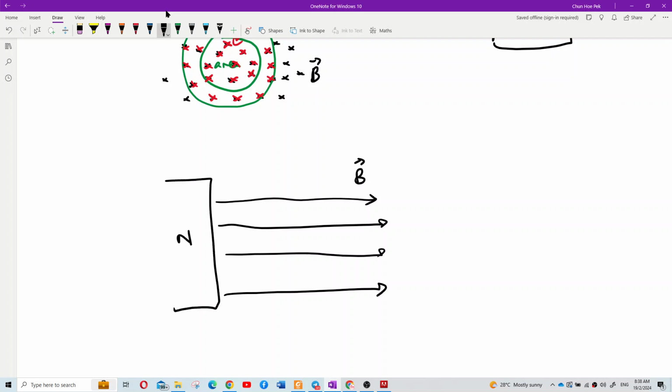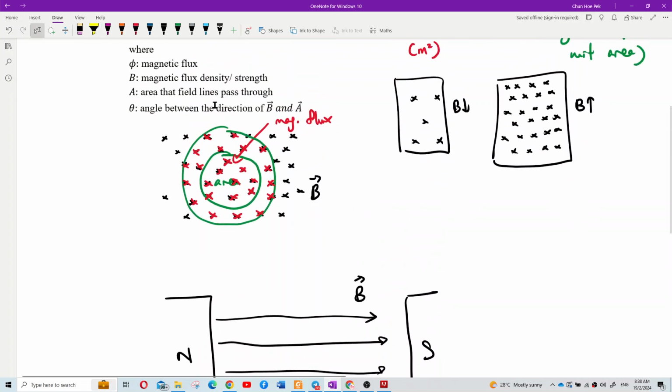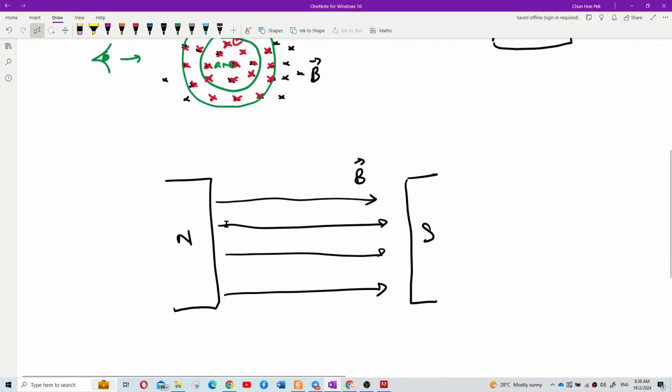Let's say I have a magnet with north and south pole. If I look from here, I can see the area is just a line.